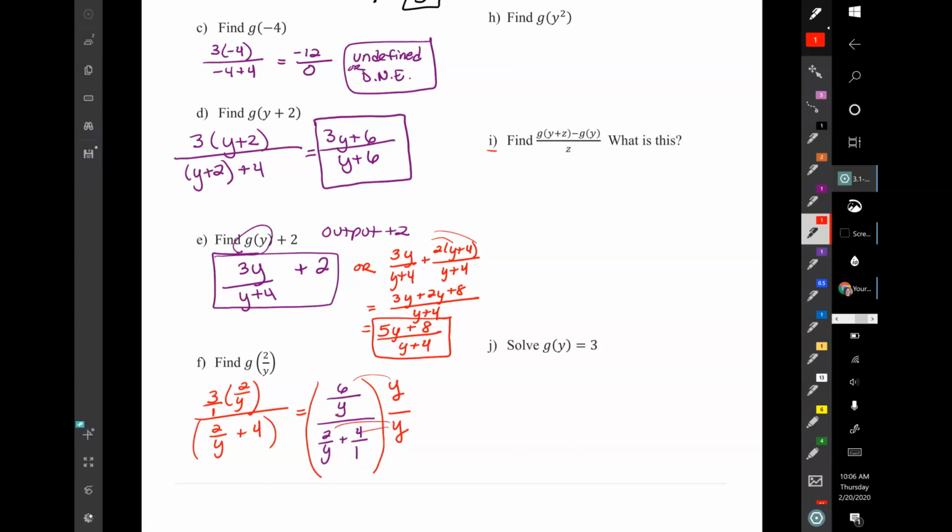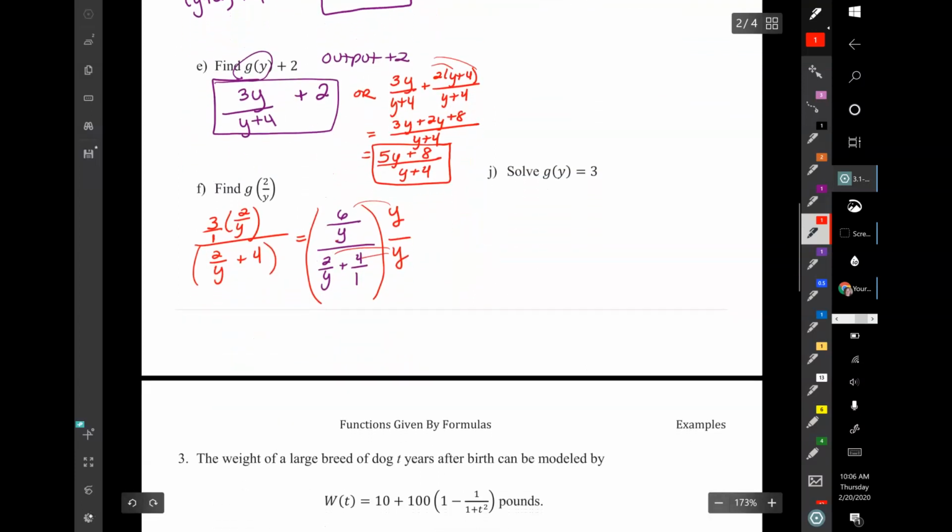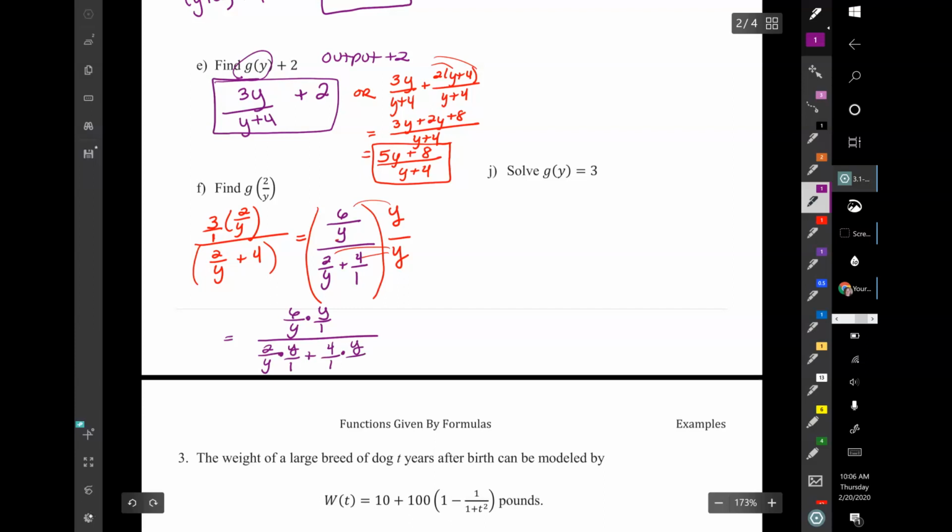Okay, so I should then write that out. I'm going to carefully move this up. Hopefully it won't zoom on us. And I'm going to rewrite that as 6 over y times y over 1, and then 2 over y times y over 1, plus 4 over 1 times y over 1.